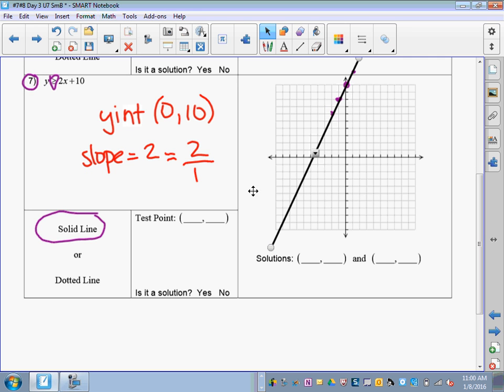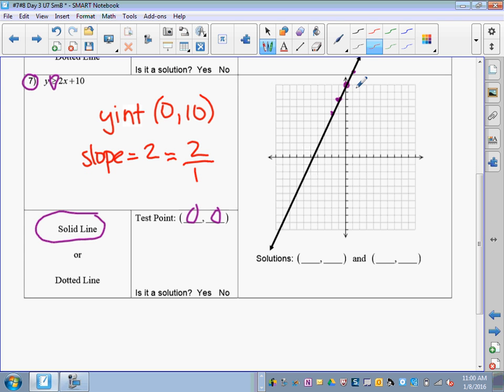And our test point is 0, 0, since it's not on the line. So let's use that, the easiest test point in the world. Let me know when you find an easier one.